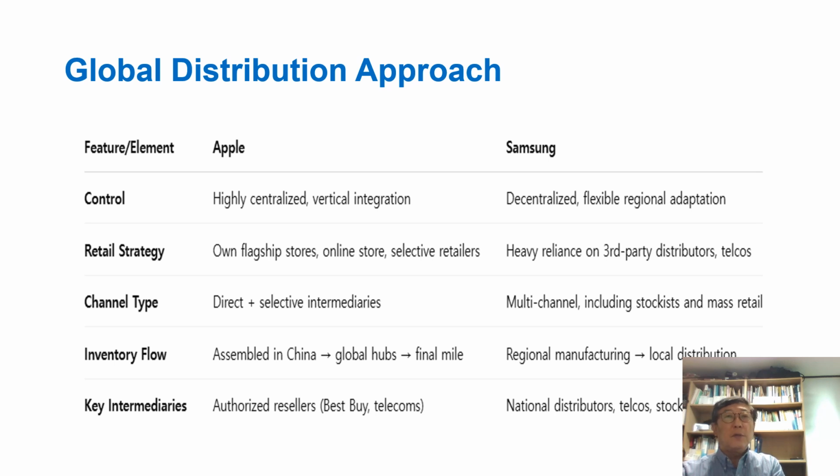For inventory flow, Apple is assembled in China and goes through global hubs to the final mile. Samsung uses regional manufacturing and then local distribution. Apple's key intermediaries are authorized resellers like Best Buy and telecom companies, and Samsung's are national distributors, telecom companies, and stockists. So it's a different distribution approach.